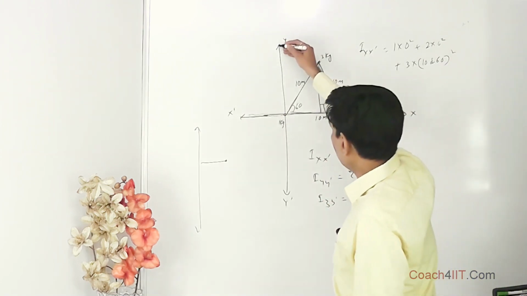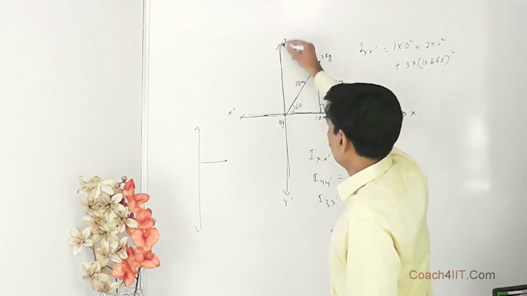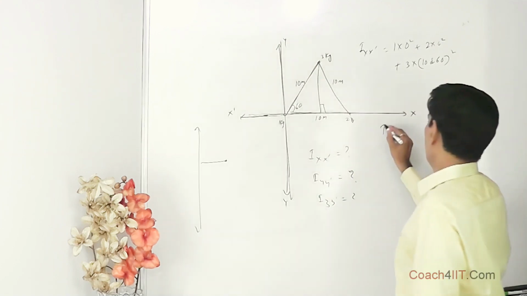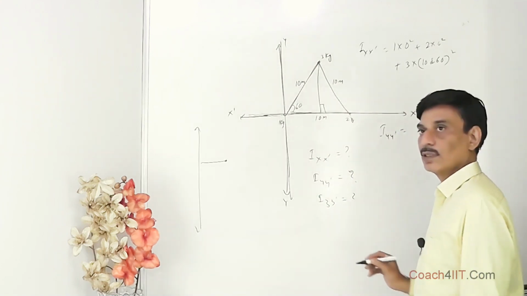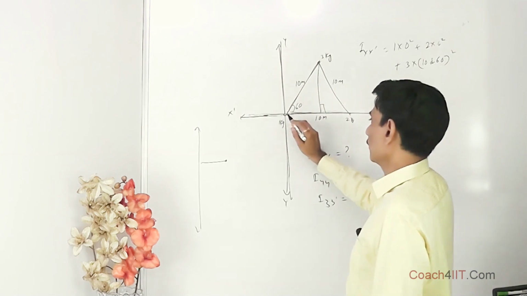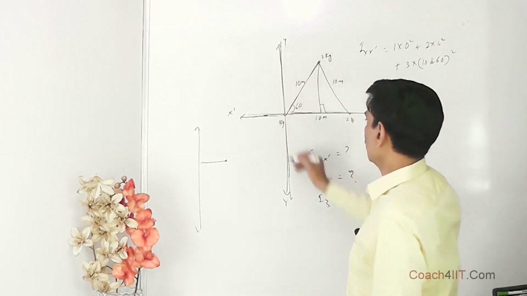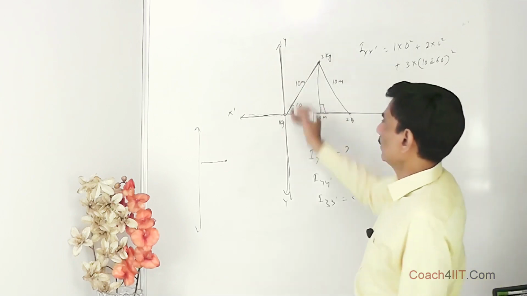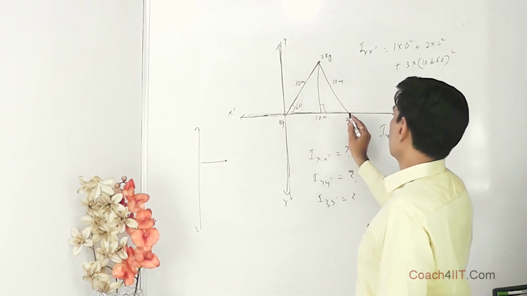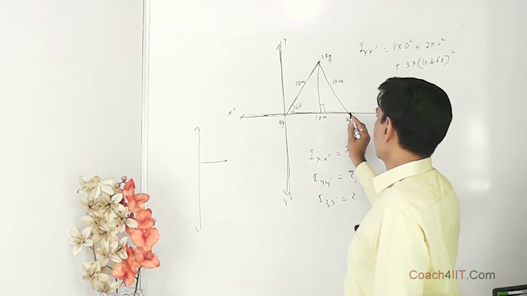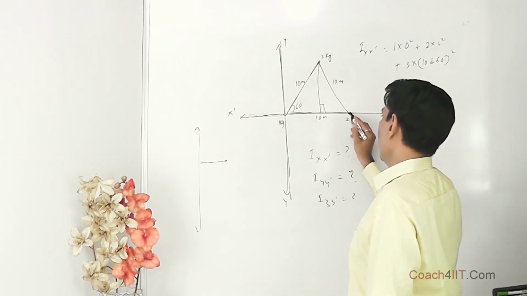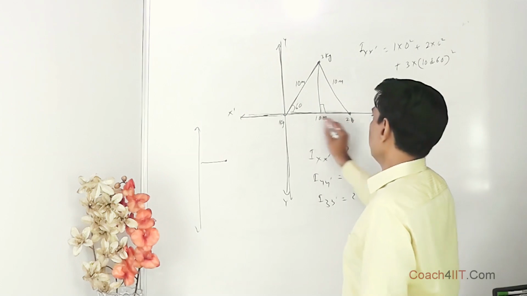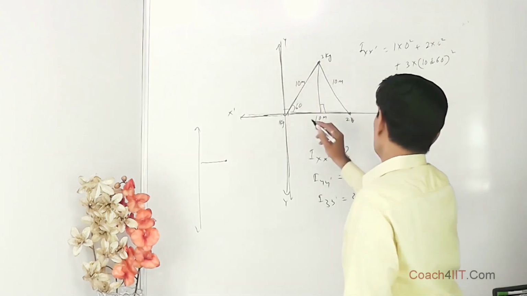If you have to find the moment of inertia about this axis, now concentrate on this axis. We say Iyy dash. Take one particle at a time. Moment of inertia of 1 kg about this axis is 1 into 0 square. It is on the axis itself. Now this 2 kg point is at a distance of 10 meter from this axis. Perpendicular distance is going to be 10 meter.